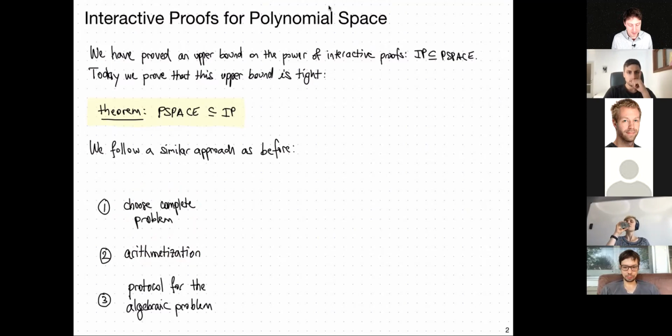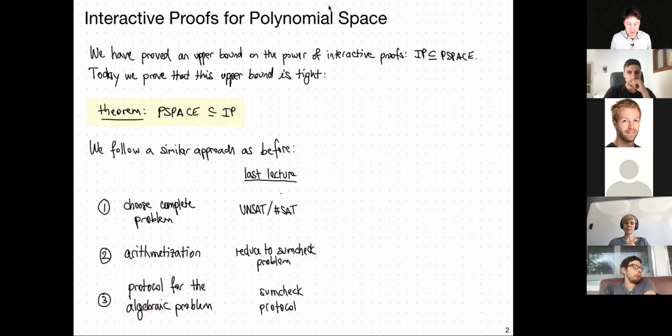We arithmetized it, and then we designed some protocol for the algebraic problem. So in the last lecture, the first step was choosing either UNSAT or sharp SAT. Arithmetizing meant reducing either of these problems to some sum-check problem, and then we would run the sum-check protocol on that.